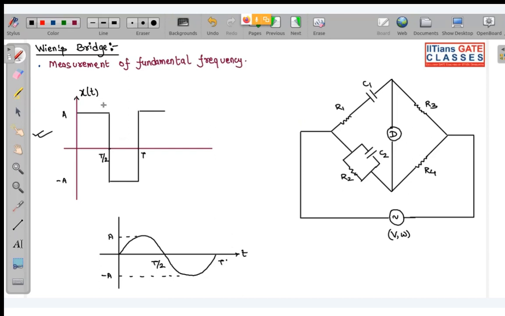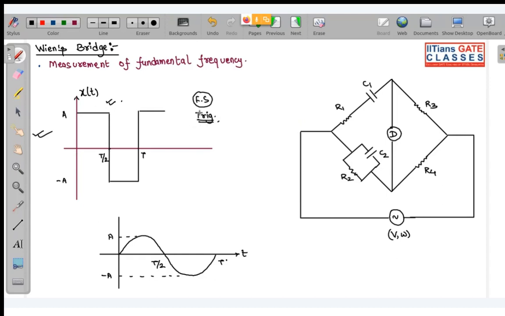So we usually don't use such kind of signal. I will tell you why. Because this square wave has multiple frequencies in it. If you remember Fourier series, especially trigonometric Fourier series, this is one odd signal.